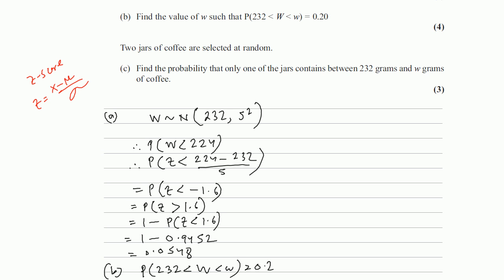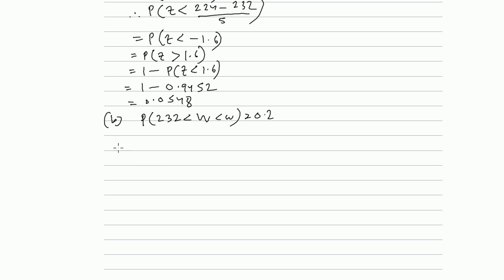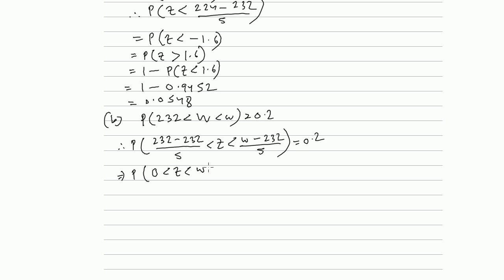In a type 2 sum, the probability is given and you have to find the random variable. So let's do the Z score first. So this would be 232 minus mu is also 232 and standard deviation is 5. Now it becomes Z. So W minus 232 divided by 5 equals 0.2.